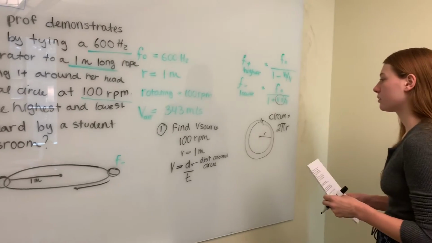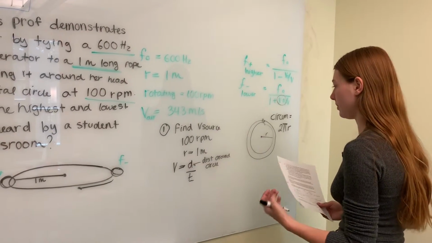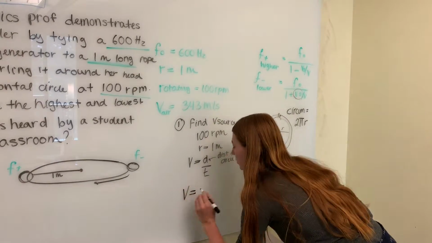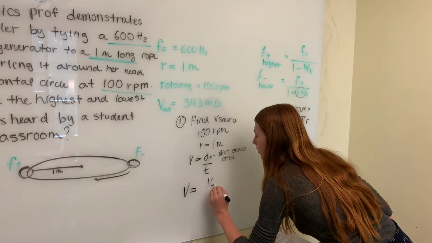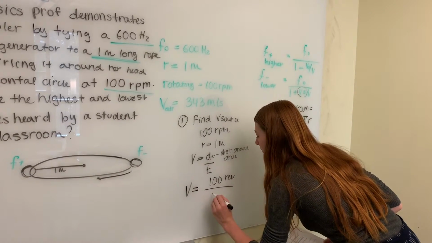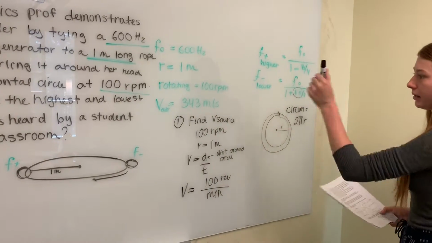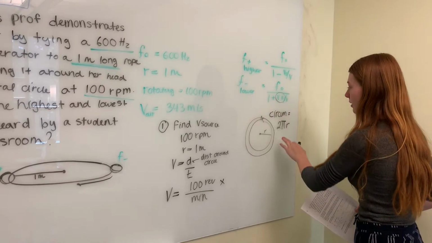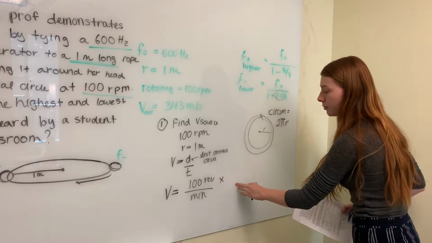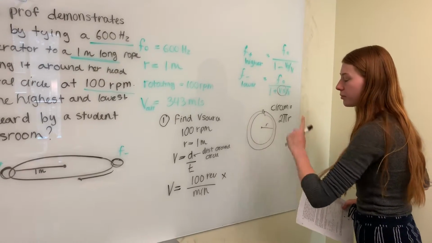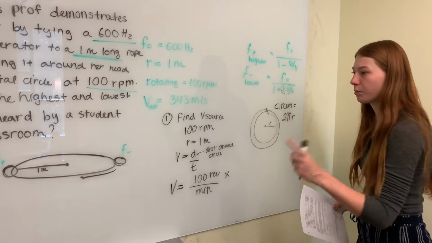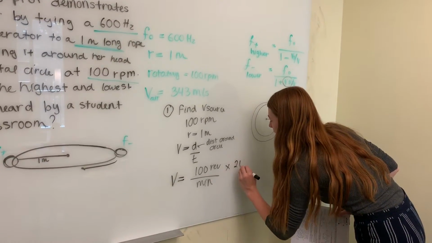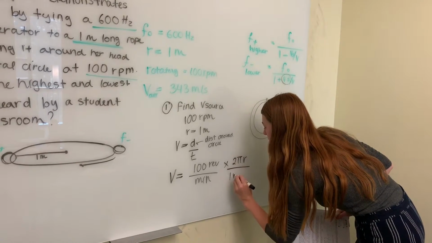So when we're writing out the final equation to find our V source, we're going to write V equals 100 revs per minute, which is our given rate of how fast this thing is orbiting. And then you multiply it by the circumference over the revolution, because one revolution is one circumference. So you do the circumference, 2 pi r, over one revolution.